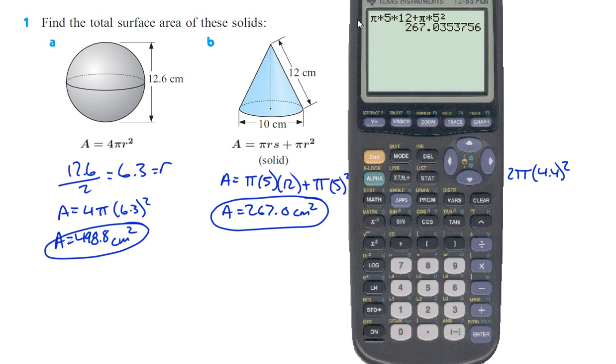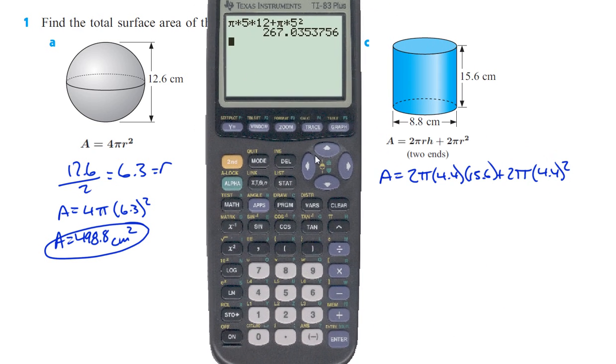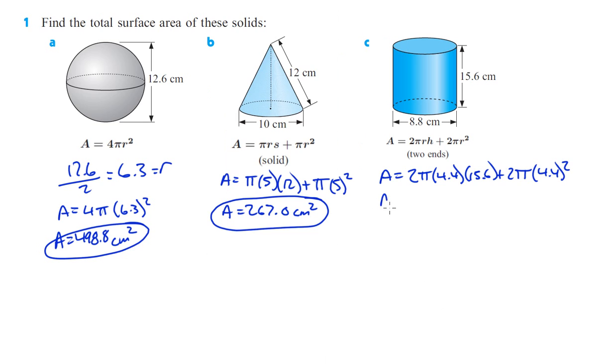Okay, so let's plug that in and see what we get. Okay, so entered it all in, and we get 552.92, so let's go with 552.9. And that is centimeters squared for that one there.